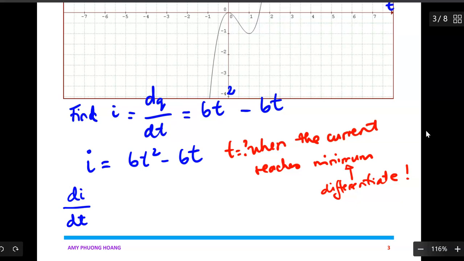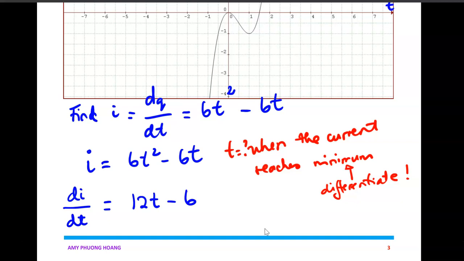I am finding the slope of that line at certain points, and then I am going to set it equal to 0. So di over dt now is equal to 12t minus 6. I am finding the slope of this, which is a straight line now. So this tangent to this graph is a straight line, and I'm going to set it equal to 0.